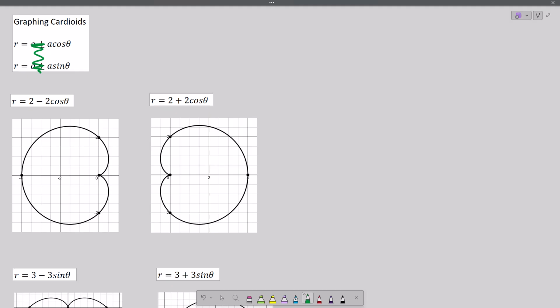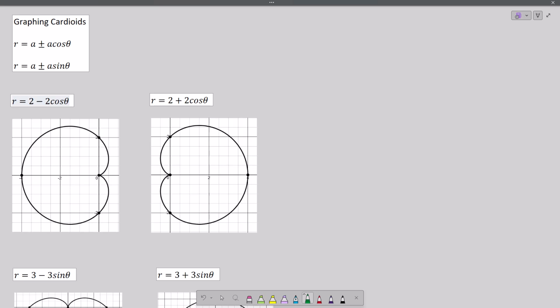The only difference here is that if we put a constant out here, then all of a sudden we have a cardioid. It doesn't matter whether it's -2 and -2, 2 and -2, -2 and 2, or +2, +2, as long as the magnitude of those 2 numbers is the same, you have a cardioid.